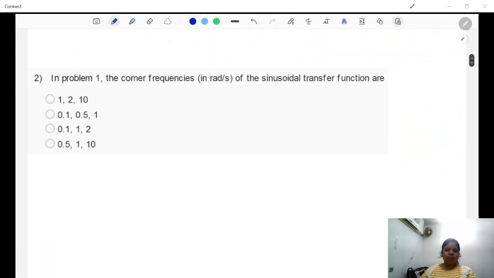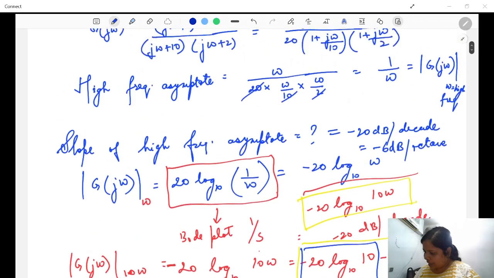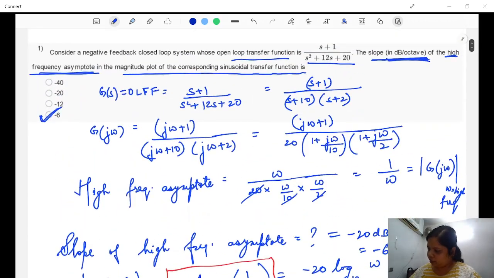So in the same problem, the corner frequencies of the sinusoidal functions are what? We want to know the corner frequencies. So corner frequency is given by 1 upon t, right? From here you can see we have 1, 10 and 2.